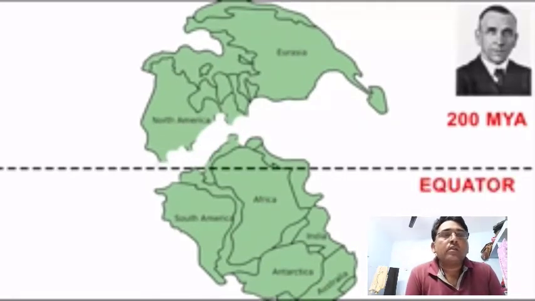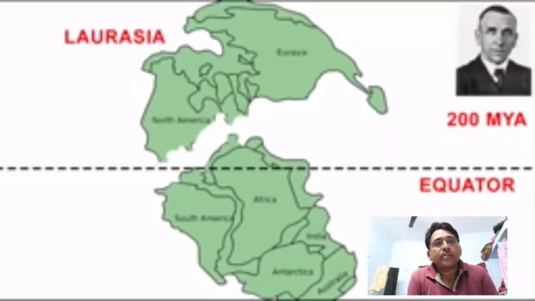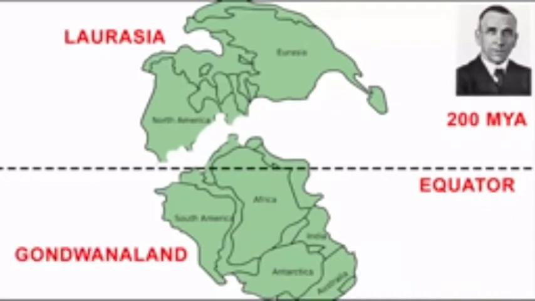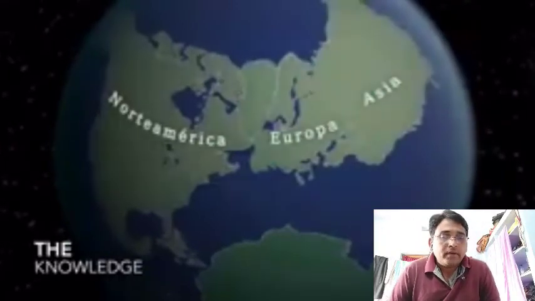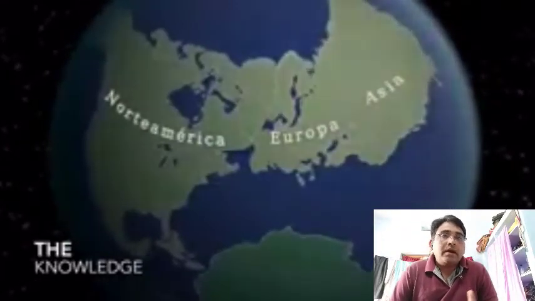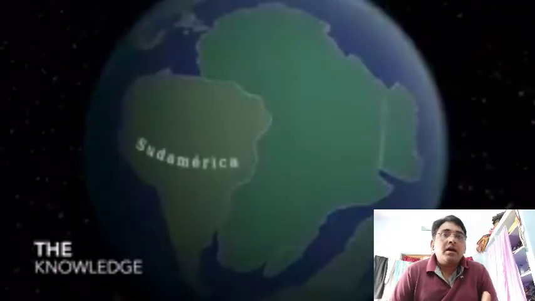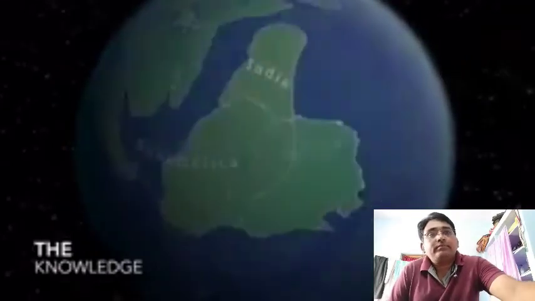The southern part is called Gondwana and the northern part is called Laurentia or Angara. With continued rifting, Laurentia broke into North America, Europe and Asia. Gondwana broke into South America, Antarctica, Australia and Africa.